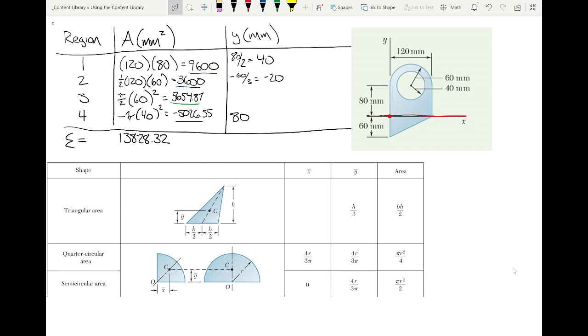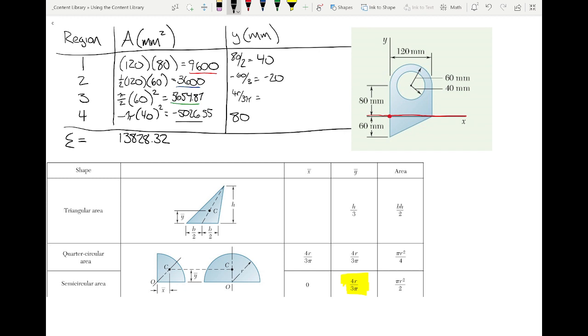Does everybody see that? That's the money right there, 4r over 3 pi. So do I put 4r over 3 pi right there?